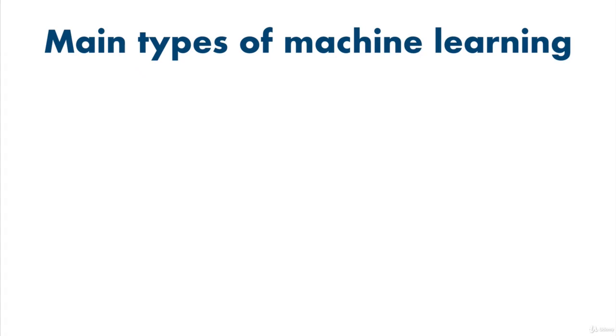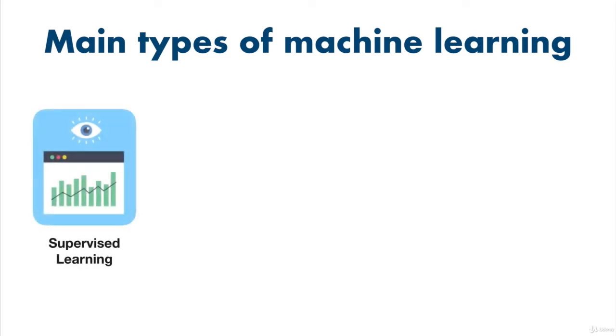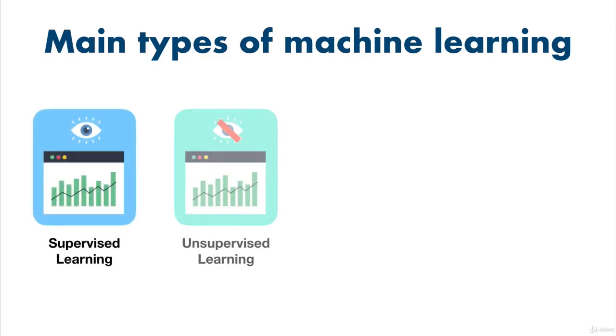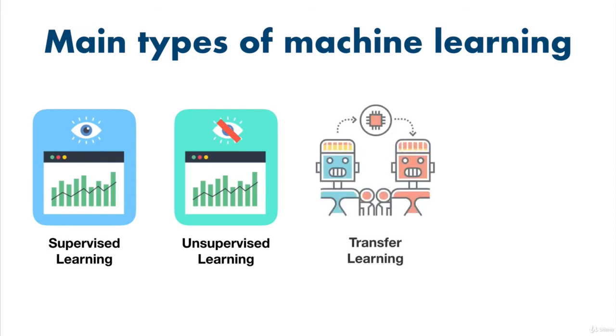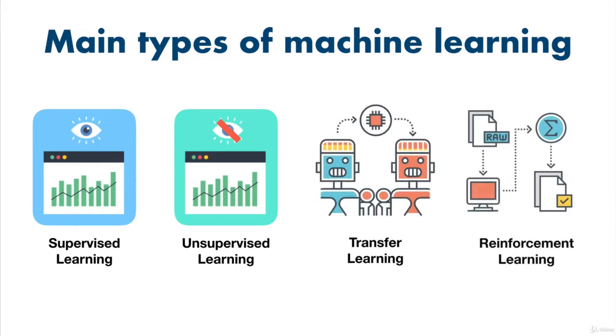Now comes the first step in identifying the problem we're trying to solve as a machine learning problem. We can do this by matching our problem, the one we're working on, it might be a business problem or some other kind of problem, to the main types of machine learning problem. These are supervised learning, unsupervised learning, transfer learning, and reinforcement learning.